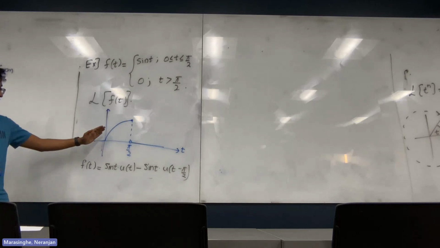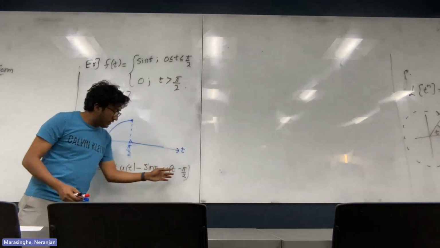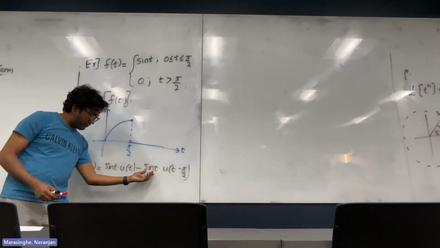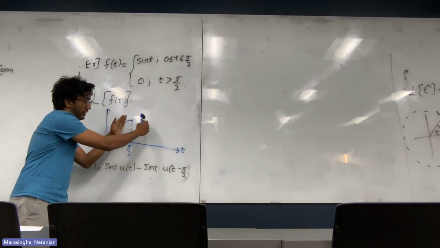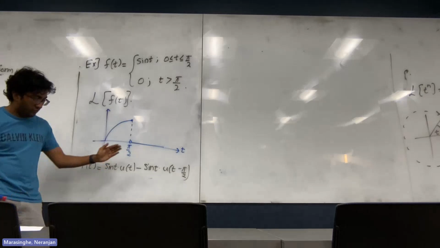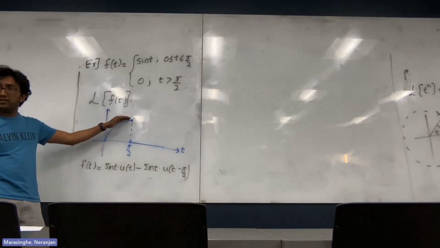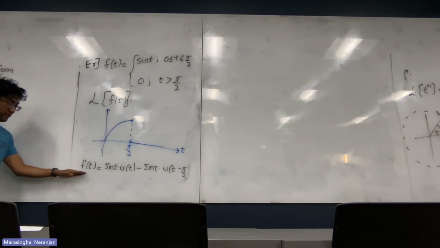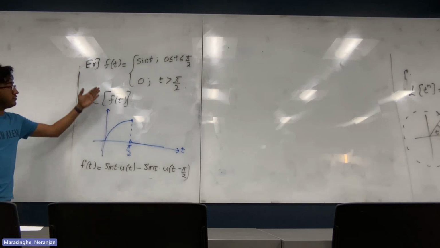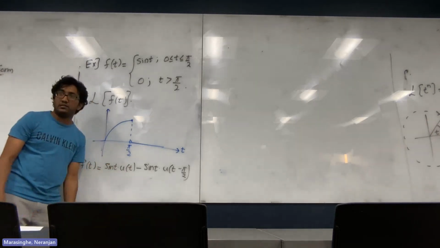Because if you multiply sin t by u(t), you would get the whole graph, and if you consider sin t times u(t minus pi over 2), you would get this portion. So if you do the subtraction, you would only get this piece. Now this is the representation of f(t) as a combination of the step functions.